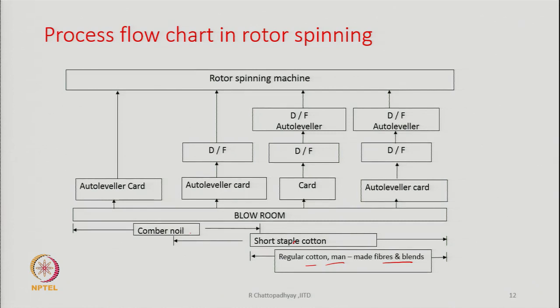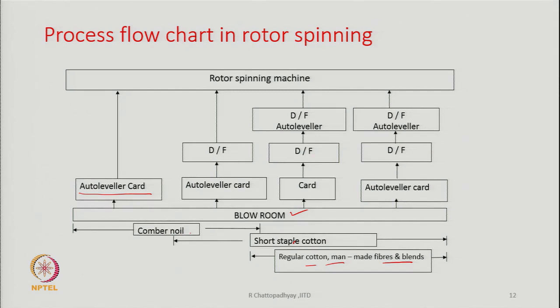You take the fibers in short staple form or comber noil or mix them together, whatever we want, and then the first operation is the blow room operation, where we further open and clean it, and then from the blow room it can directly go to the auto leveler card and it finishes there. From there I get sliver directly, which we can feed to the rotor spinning machine. This is one option of the process flow chart.